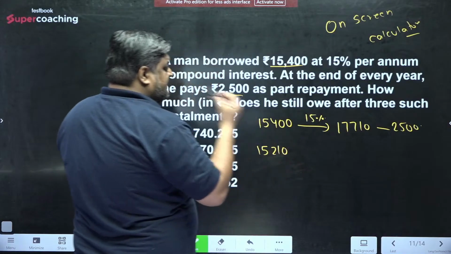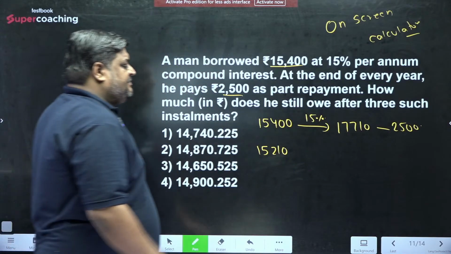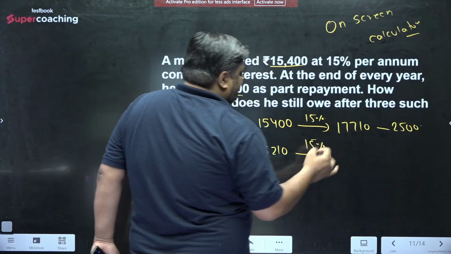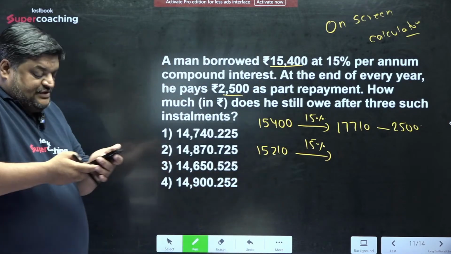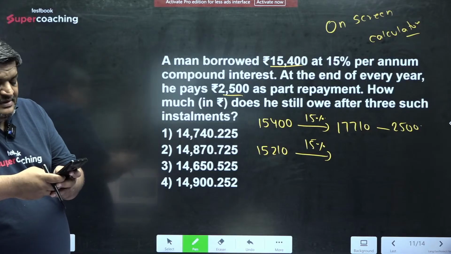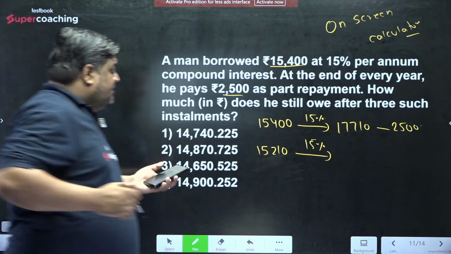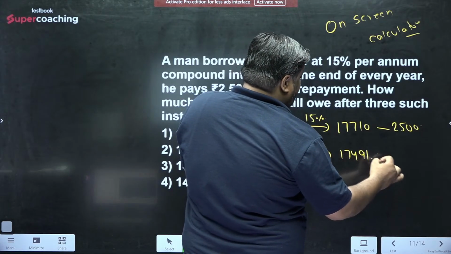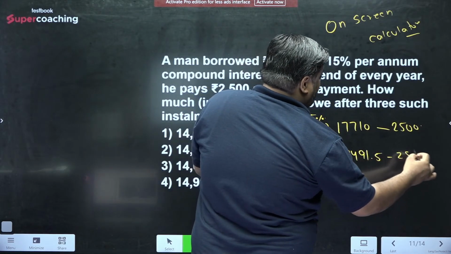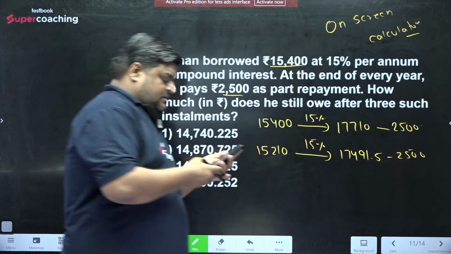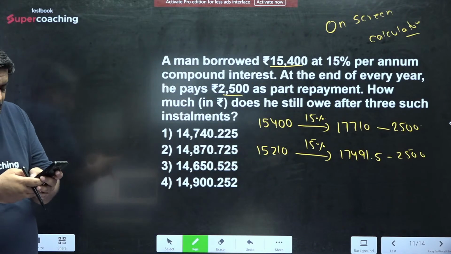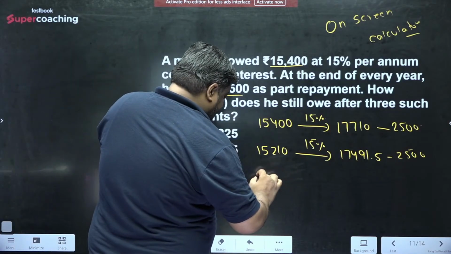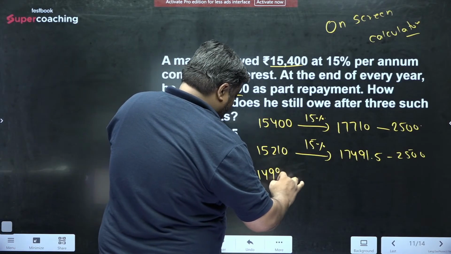और ये सेकेंड ईयर का प्रिंसिपल हो जाएगा. Again 15% on this. 15,210 multiplied by 1.15 is 17491.5. He is paying 2,500. इसमें से माइनस कर दो 2,500. The amount left is 14991.5.